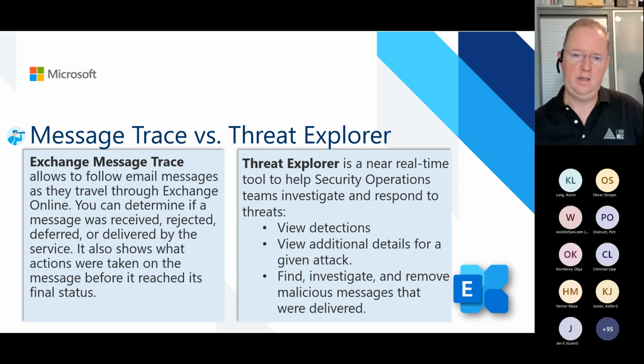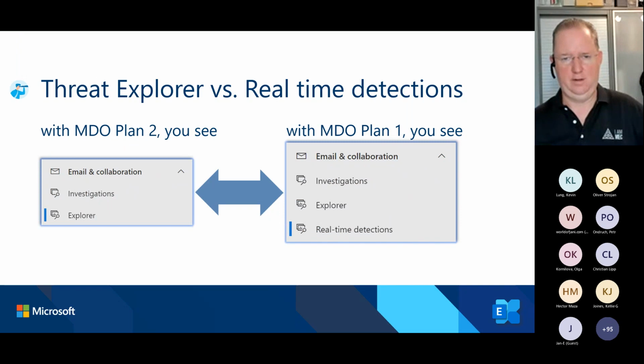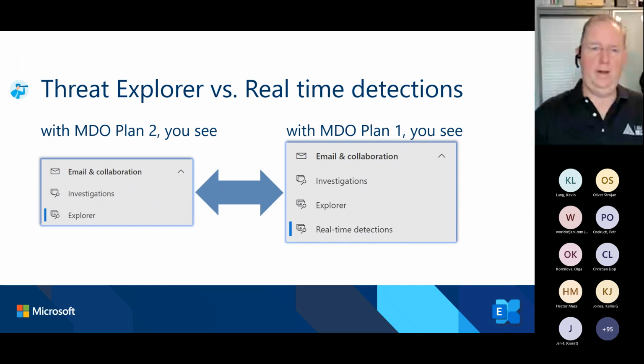Here you see the difference. Message trace shows the steps that follow, while Threat Explorer investigates in more depth what happened and why it happened. Of course, you can also use Threat Explorer for that. Now it's getting more complicated, because Threat Explorer is available for any MDO Plan 2.